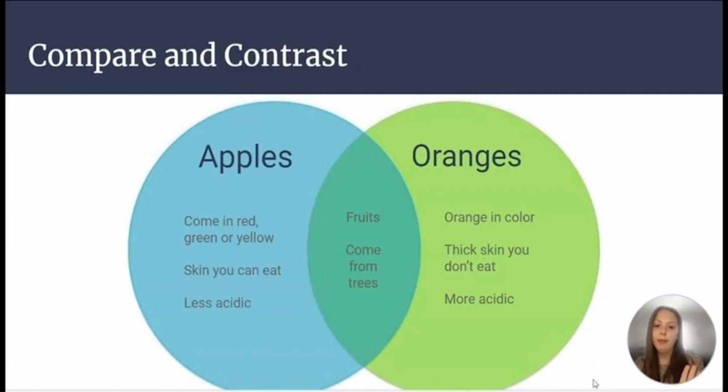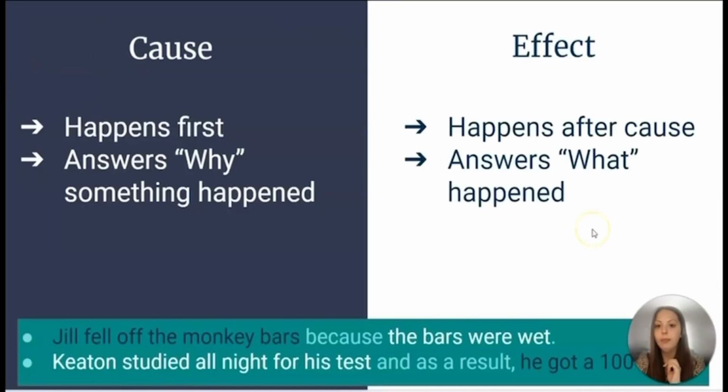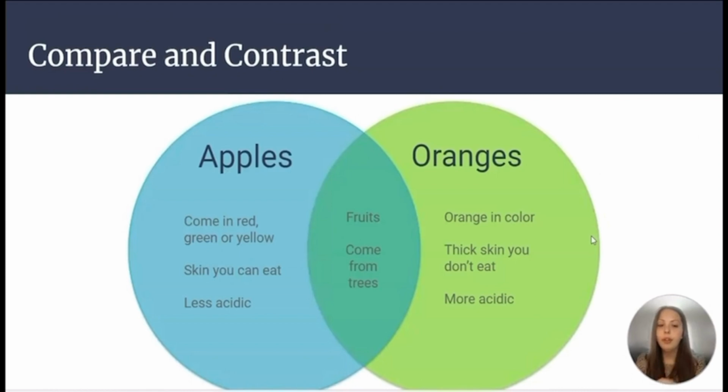So what we were talking about, this little Venn diagram right there. So they are comparing and contrasting apples and oranges. So on the blue circle is the apples. They come in red, yellow, green. The skin, you can eat them, and they are less acidic.